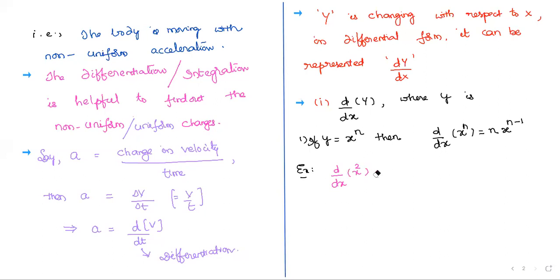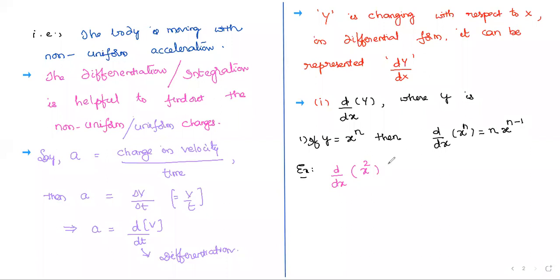Then we have to continue to solve it. To solve this, we require a formula. The formula says that if you get a power n, then after differentiating, you will get the value n into x power n minus 1.